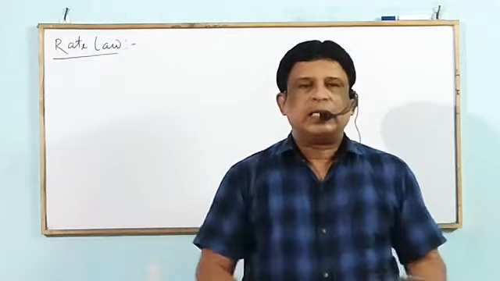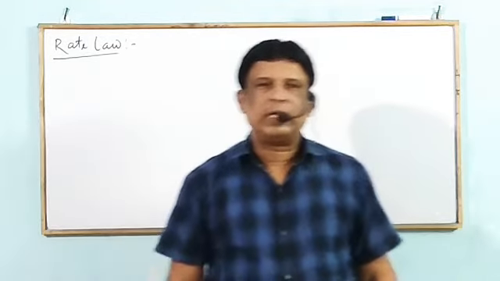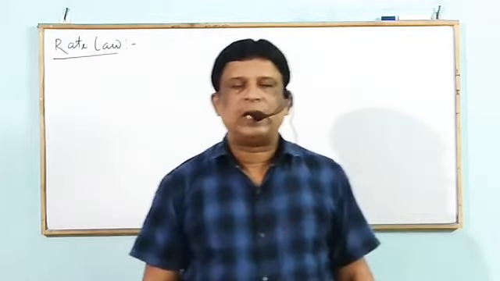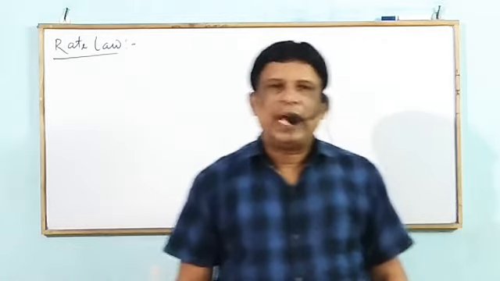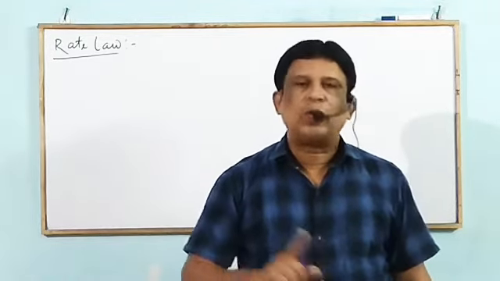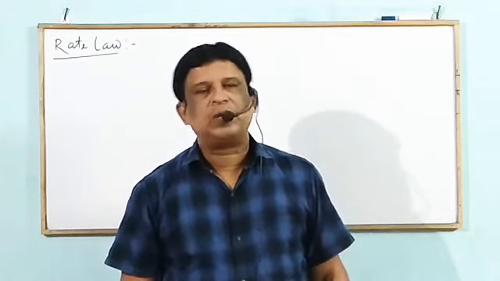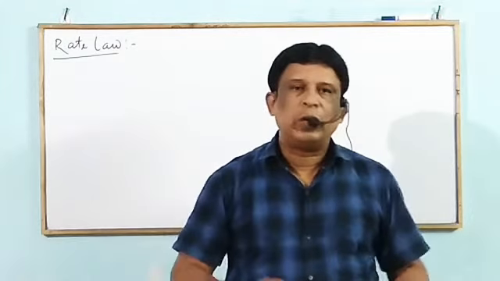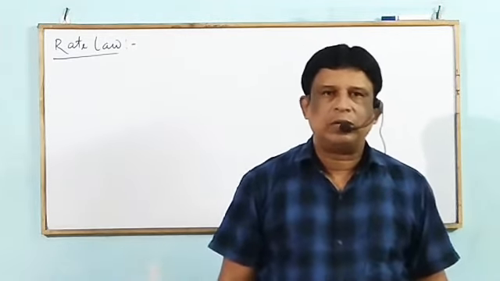For a simple reaction, we will discuss later, two types of reactions are there. One is known as a simple reaction or elementary reaction, and one is a complex reaction. Those reactions which complete in one step are known as elementary reactions or simple reactions. Those reactions which proceed through a number of steps are known as complex reactions.